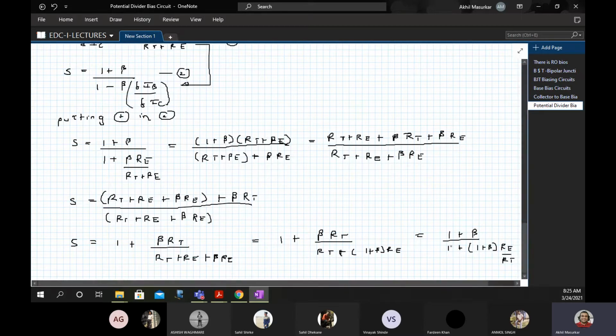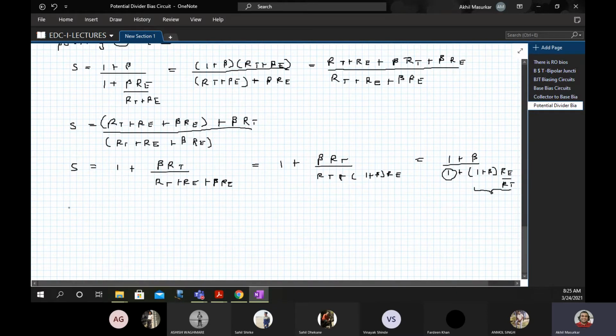Now we can neglect this 1 in front of this term because 1 plus beta is a very high value. So we can write S again as 1 plus beta upon 1 plus beta into RE upon RT.